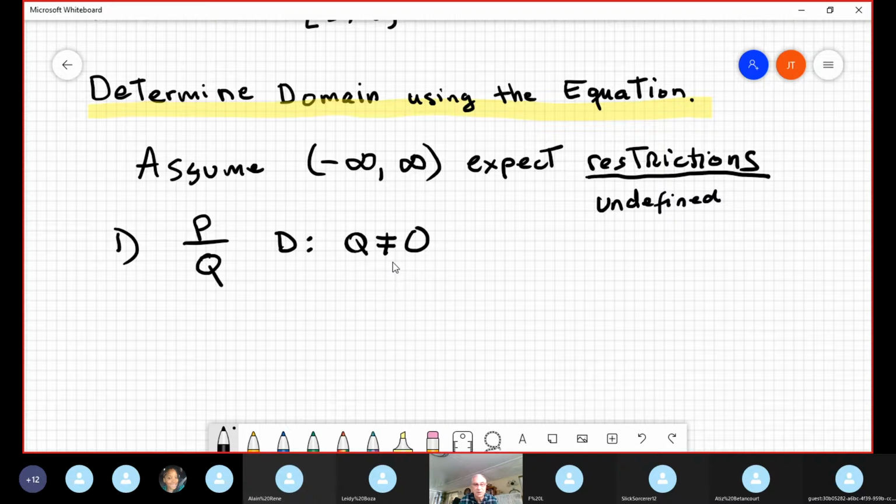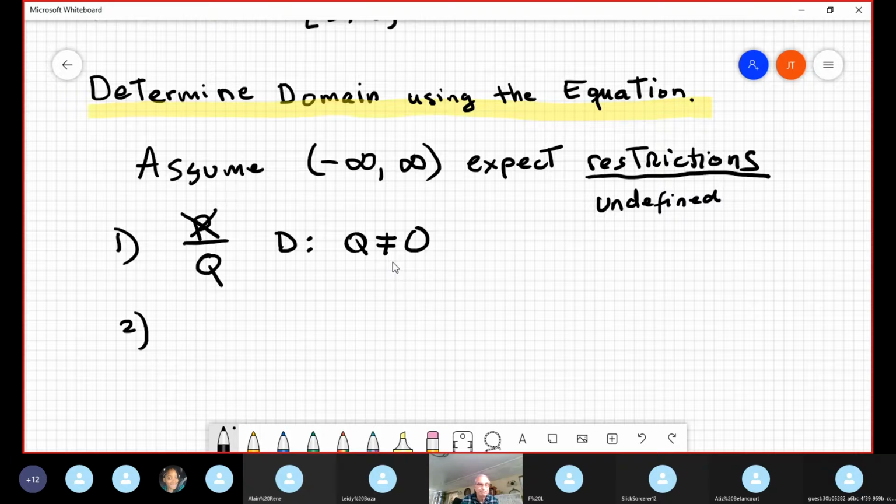Division by zero is undefined. Then in order to find the domain, the top part is totally irrelevant. You take the expression in the bottom, you enforce it to be not zero, and this is the set of values that satisfy the domain, because this is restriction number one.